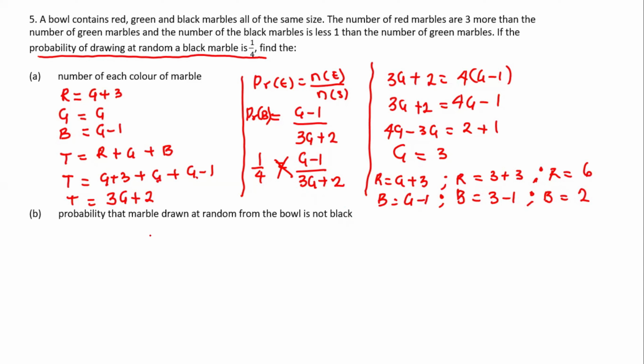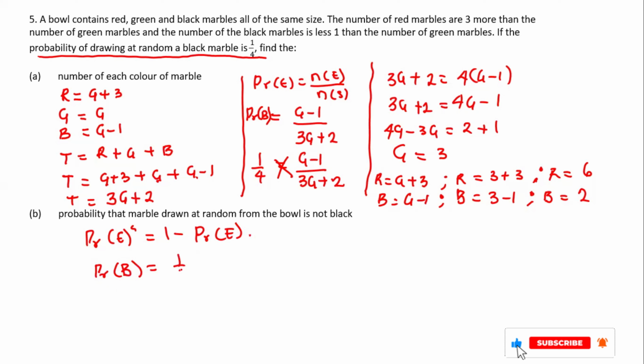Now, it's the probability that a marble drawn at random from the bowl is not black. That's a very simple one. You use the complement concept. The complement concept is that the probability of an event's complement is 1 minus the probability of that event. So the probability of black is 1 over 4.